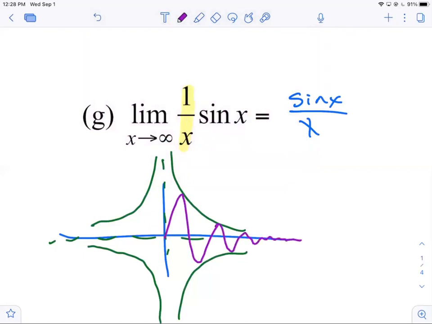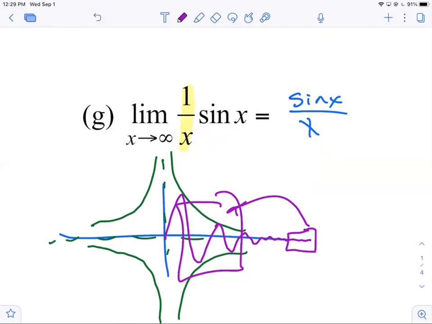And as it goes out to the right, it's oscillating by less and less above and below the x-axis. So it looks like it's going to become the x-axis, but if you were to zoom in anywhere down the line, guess what it's going to look like? That. You're going to be able to, in theory, zoom in and still see space above and below. But guess what the limit is here?